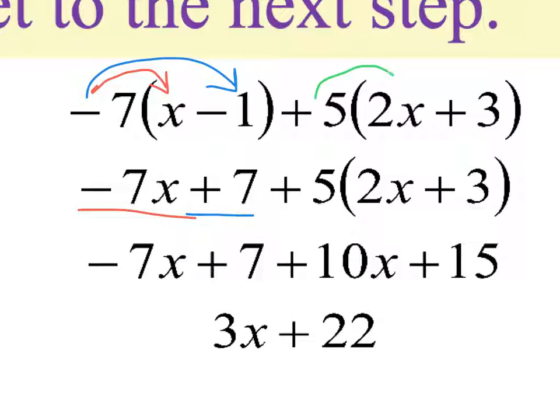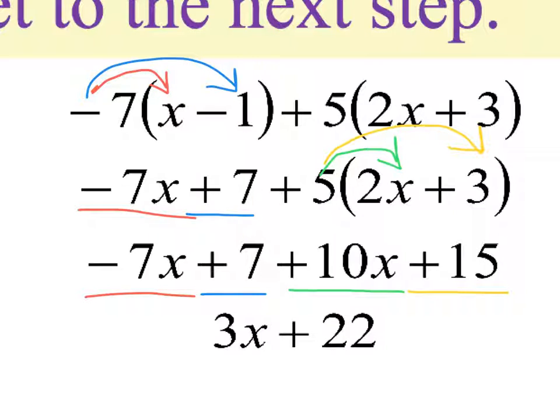Then we're going to take 5 times the 2x here. It doesn't really matter which one you draw it on, but for consistency's sake we'll keep on going down. So I have my negative 7x, positive 7, and then this becomes positive 10x, positive 15.